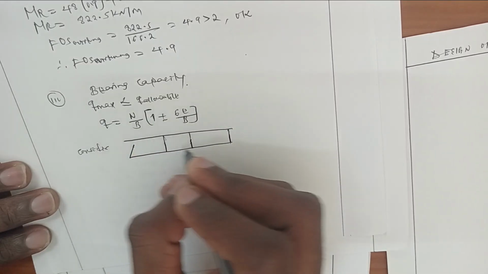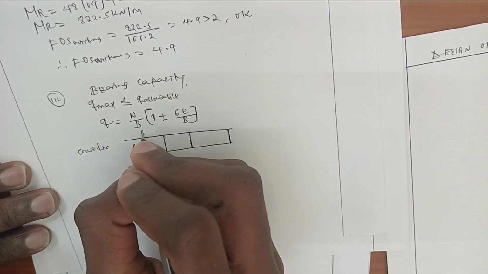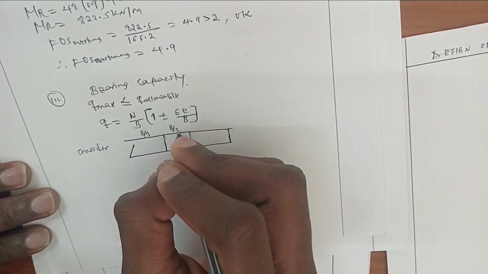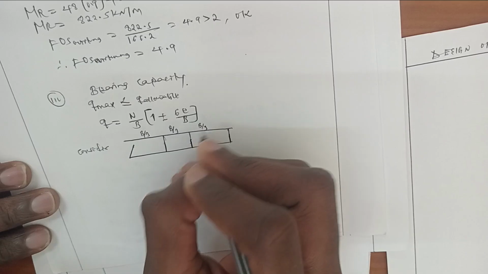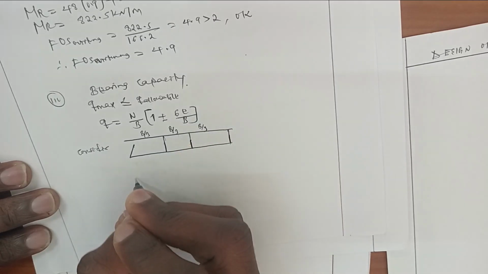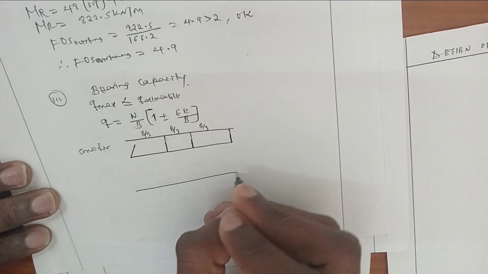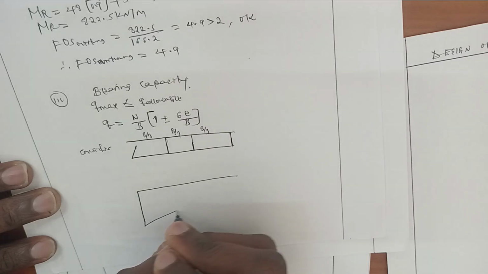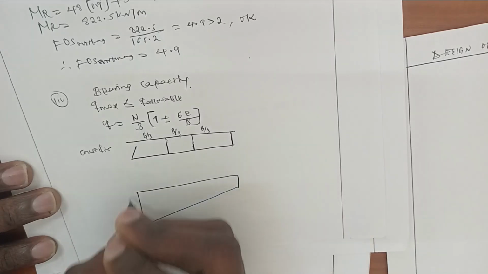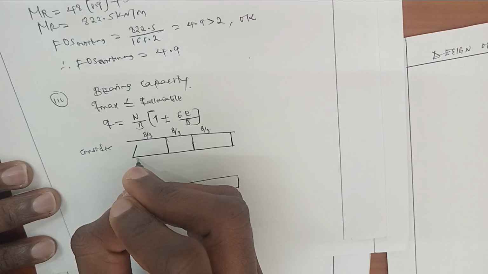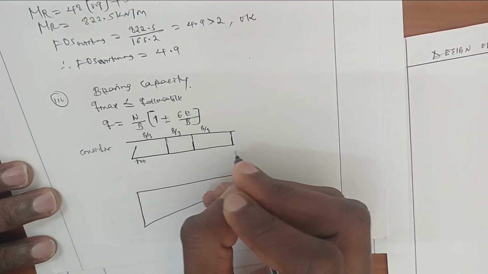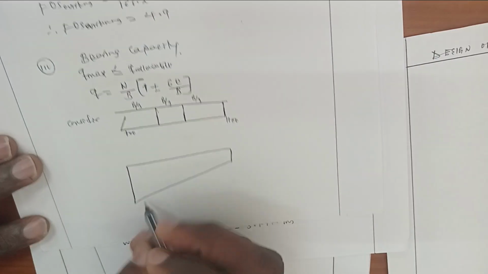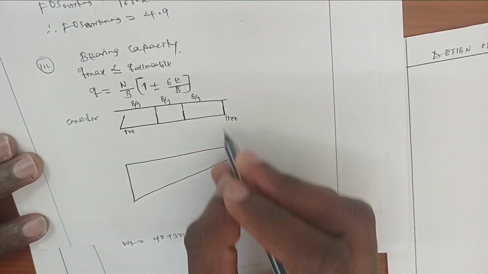Because it has 3 portions, you divide the base width by 3, width divided by 3, width divided by 3, and this is the center. Now, its pressure diagram will be in this way, which produces maximum pressure and minimum pressure. This is toe, and this is heel. The maximum pressure occurs at the toe, and the minimum pressure occurs at the heel.